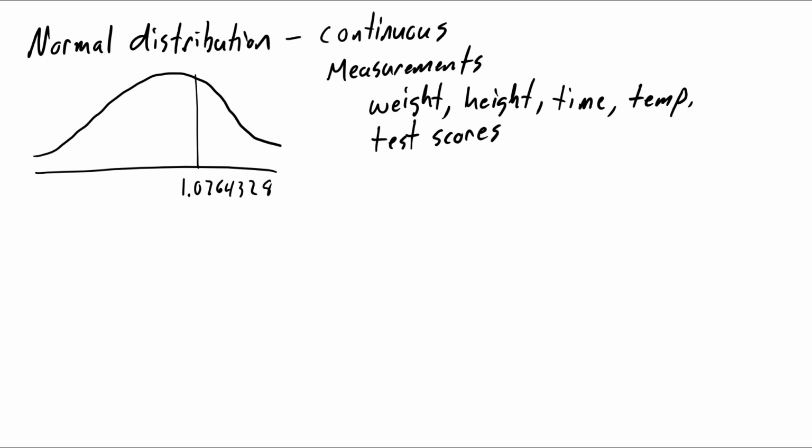All of those things require a measurement instrument. So weight requires a scale. Height requires a ruler or a tape measure or something like that. Time, a stopwatch or a clock. Temperature, a thermometer. Test scores require a test. A test is a type of measurement instrument. And with all of those things, we have fractional or decimal units.